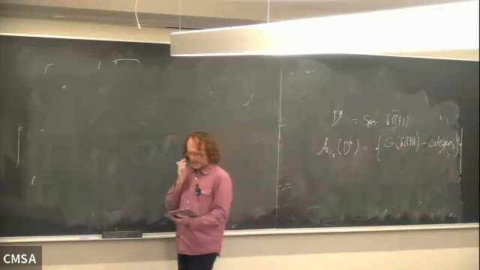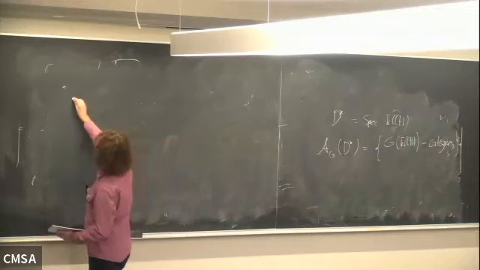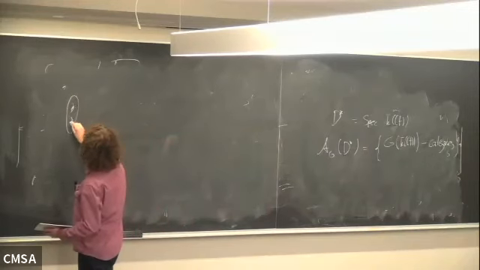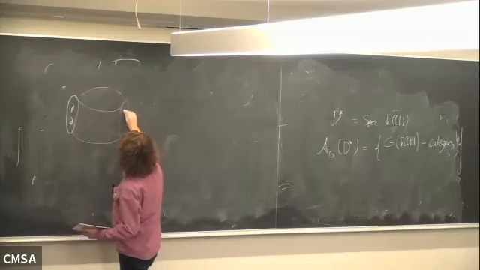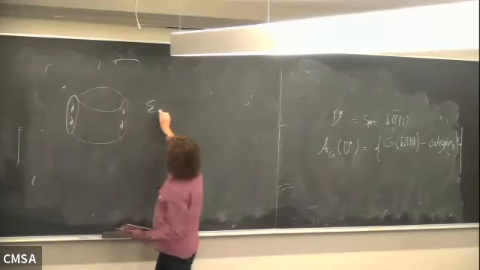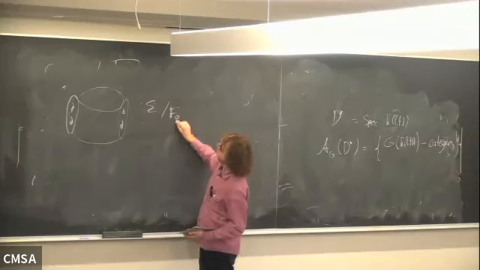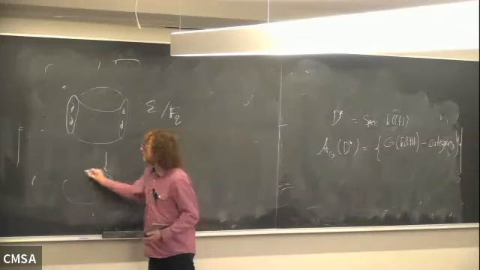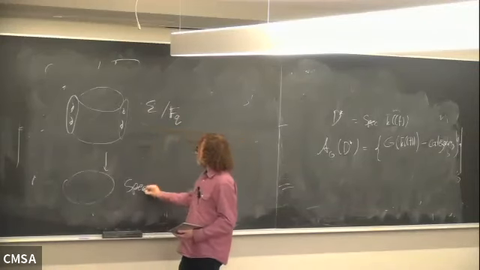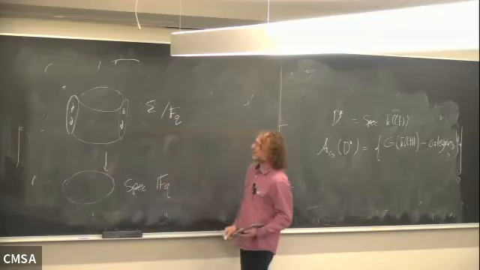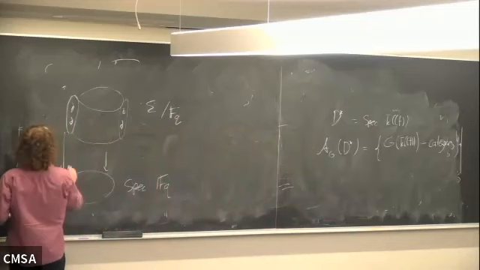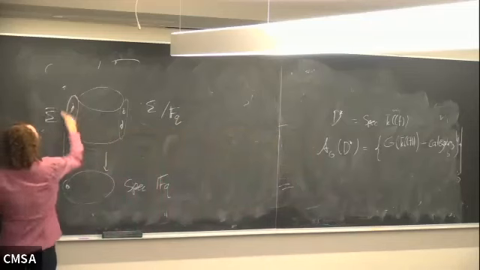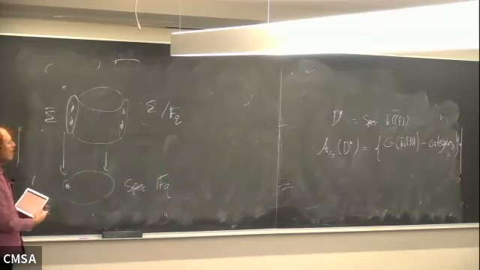Let me draw something that appeared in Mignon's talk. This is supposed to be the picture of a curve over a finite field. A curve over a finite field you should think of as a fibered three manifold, where this is Spec of the finite field, and the fiber is my sigma bar, my curve over an algebraically closed field.